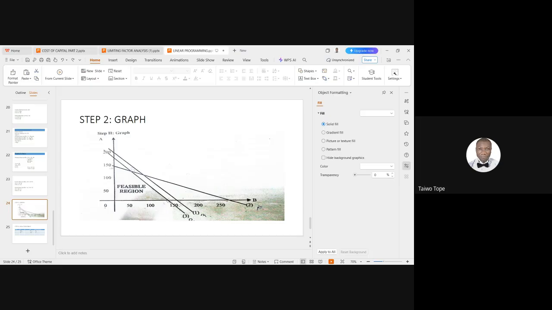So this point B, what are the two departments that intercept at this point? When you trace it, foundry and painting departments. They are the two lines that intercept at that point. Somebody wants to ask a question?